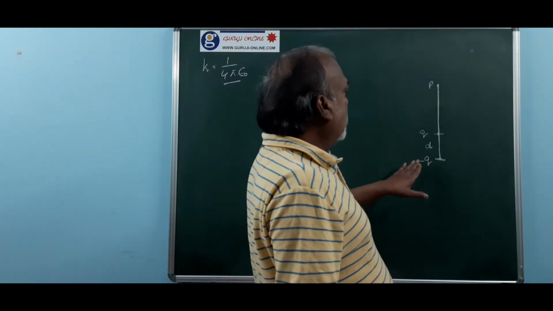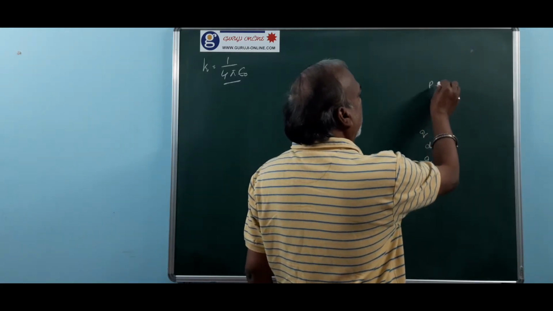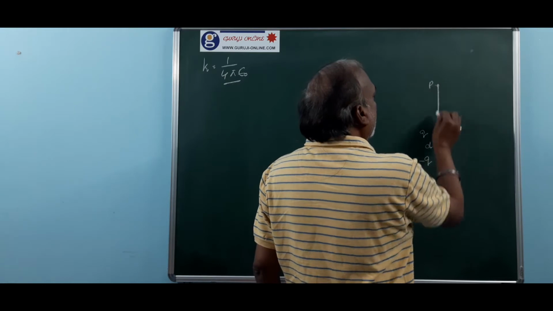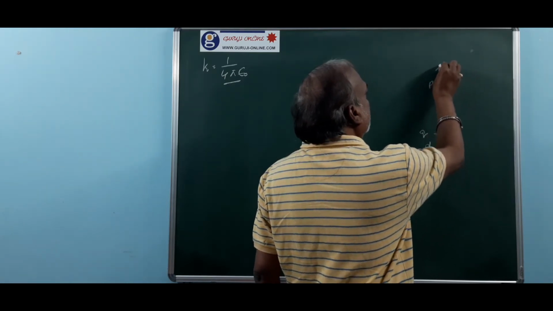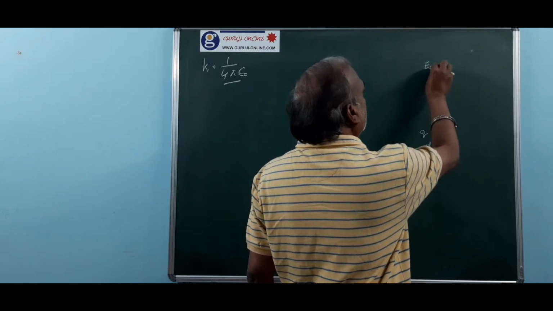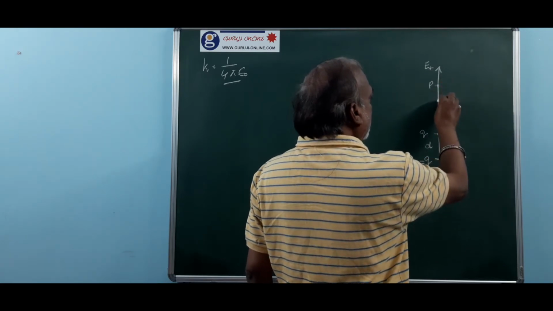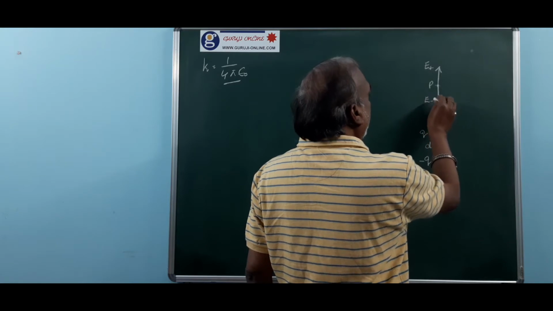Now let us analyze, due to these two charges, what will be the electric field here. Due to this q, it is a positive charge, so it will have an electric field direction like this. Suppose this is E plus, and due to this it will have an attraction, so this will be E minus.